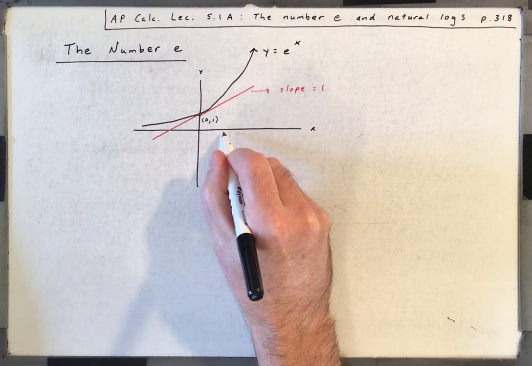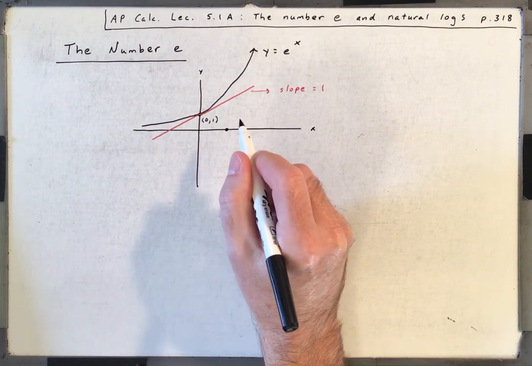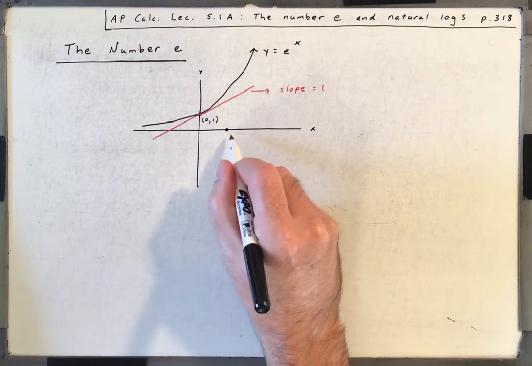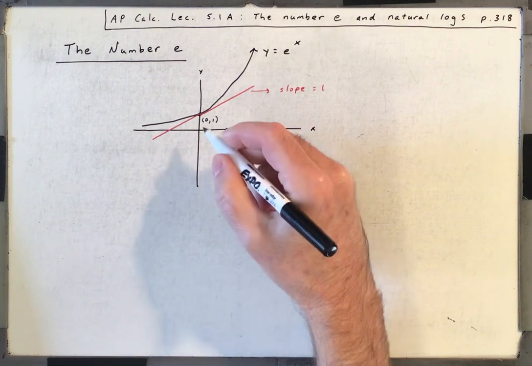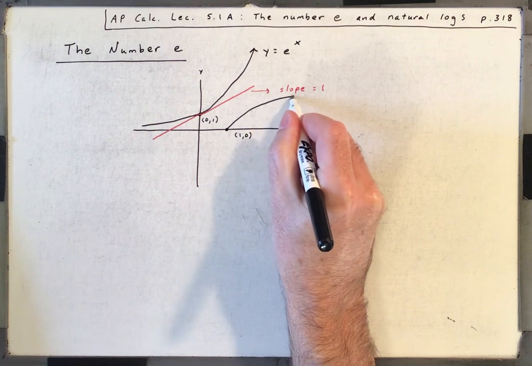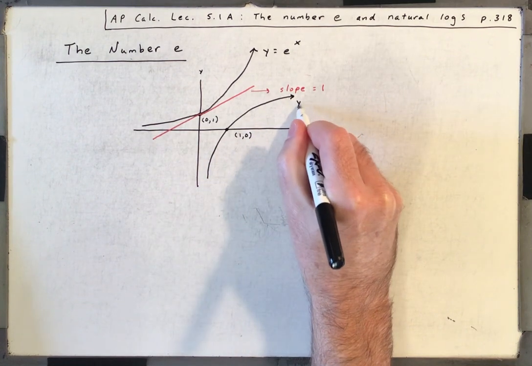Its inverse function crosses the x-axis at 1. So we'll label this point 1, 0. It is y is equal to the natural log of x.